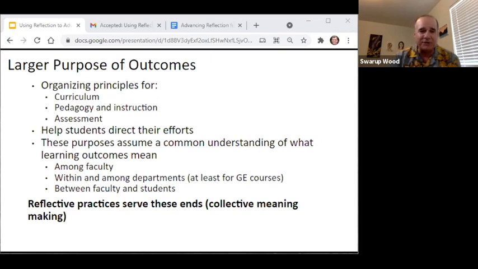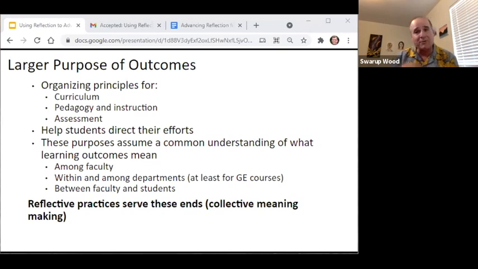And I'll just point out that these first two assume that institutions have achieved a common understanding of what the outcomes mean. I suspect many people on the call today have had the experience of sitting with a group of faculty and talking about a learning outcome and realizing, oh, we don't share a common understanding of what this outcome means.